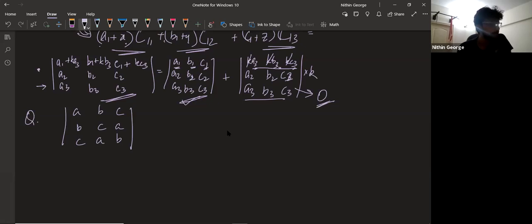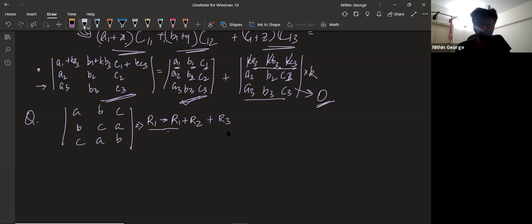Okay. Simplify this. Come on. Okay, to simplify this, I use this manipulation. I take R1 and add R2 as well as R3 to it. Why do I do that?